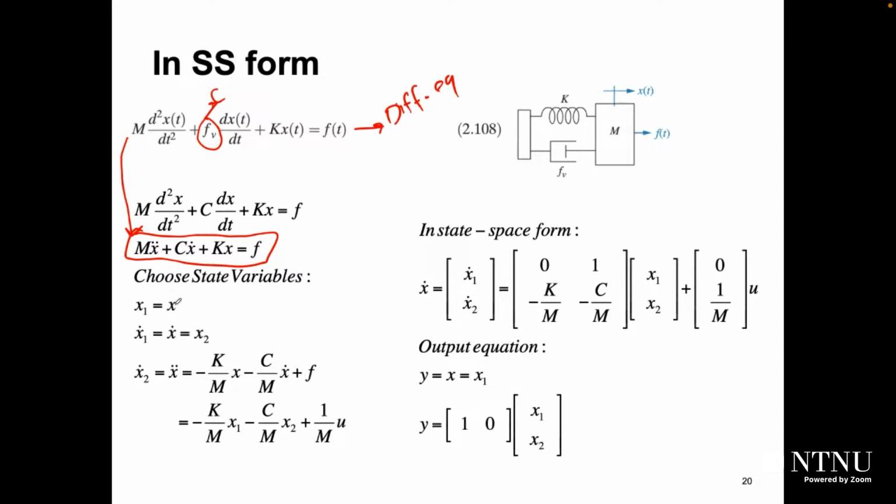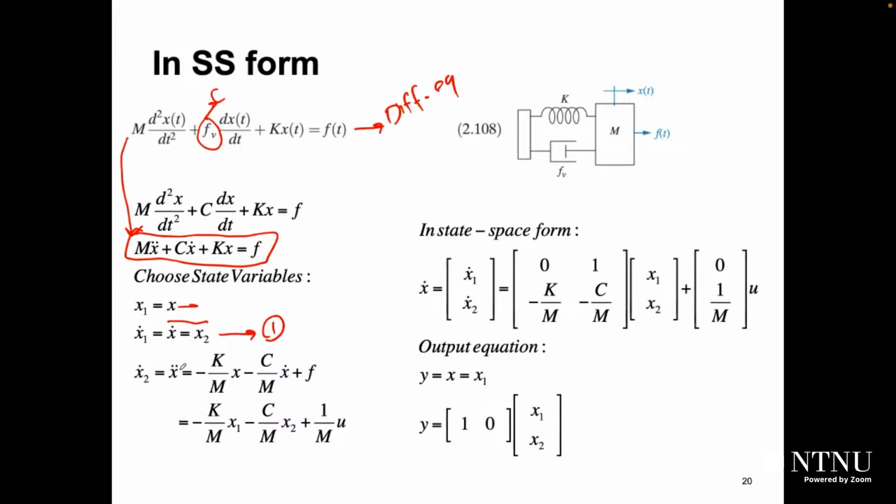If x1 is distance, x1 dot, which is the first derivative of the distance, or rate of change of distance, should be speed. So x1 dot equal x dot, which we call x2. In this case, we can say that x1 dot equal x2. This one will be my first state equation, x1 dot equal x2.